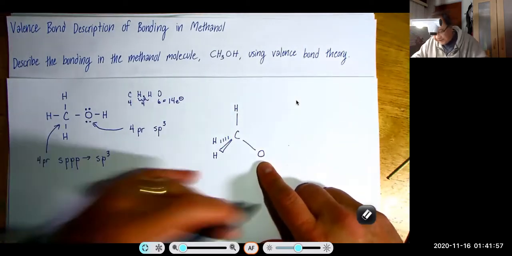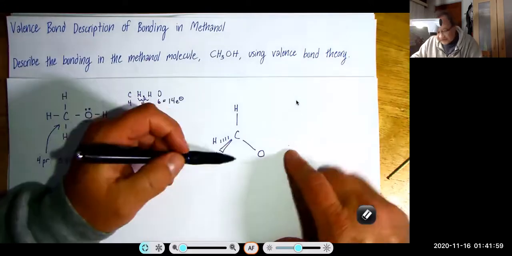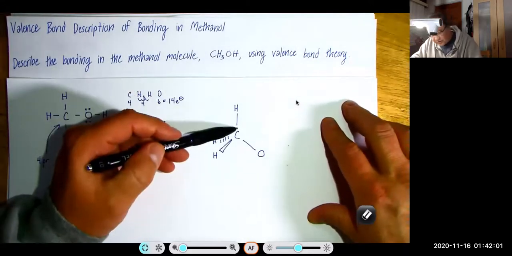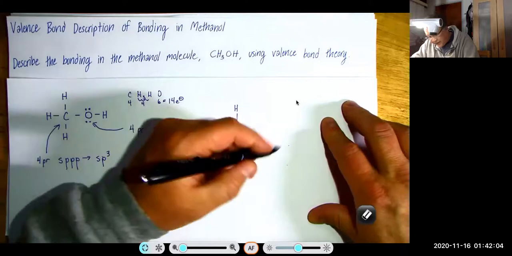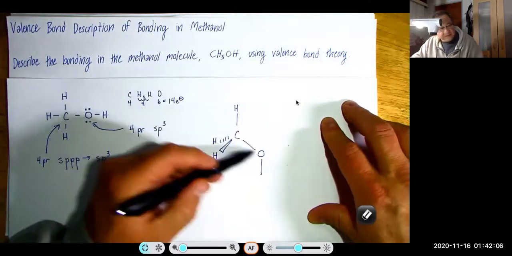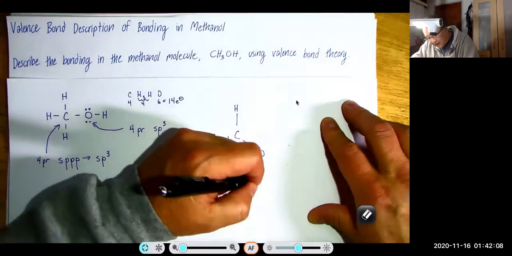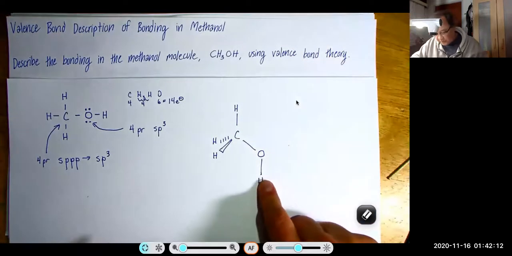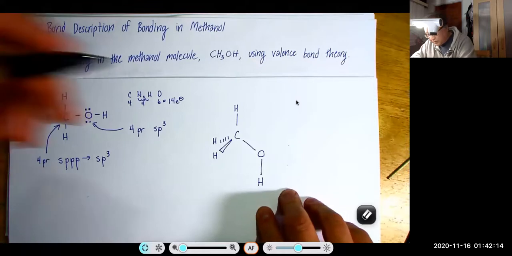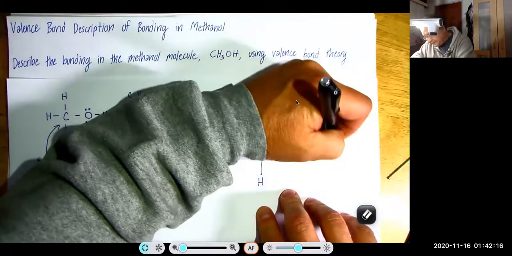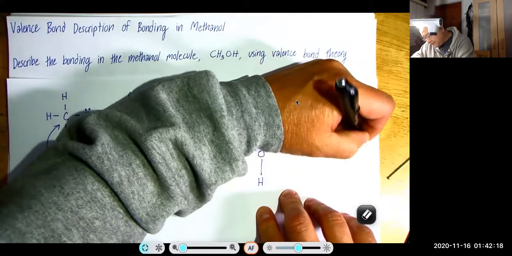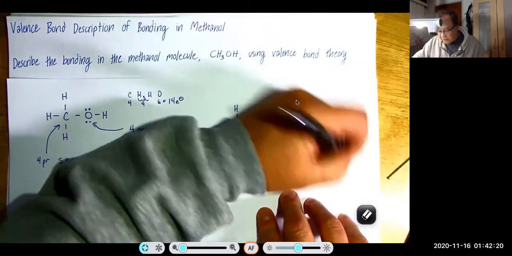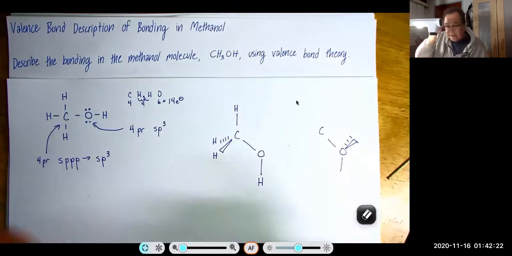When I do these things, I like to do a zigzag. You see I've got this straight line here, and a straight line here. So I call that a zigzag. So here, I'm going to bond my hydrogen here. How do I make this look like it's tetrahedral? Well, normally what I would do is this. And you can see that does look like it's tetrahedral, just rotated a bit.